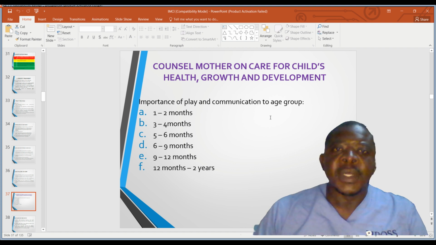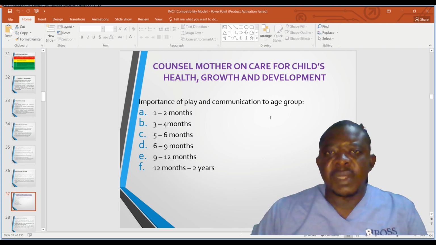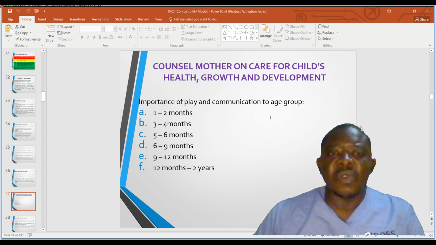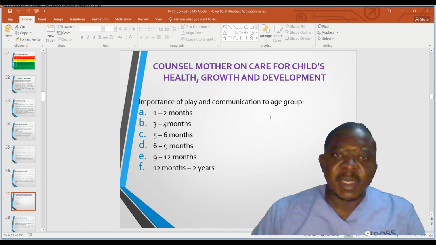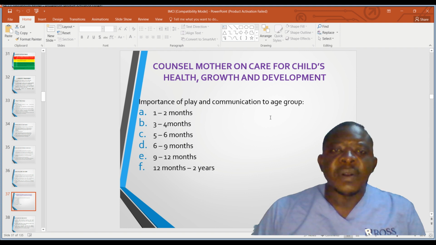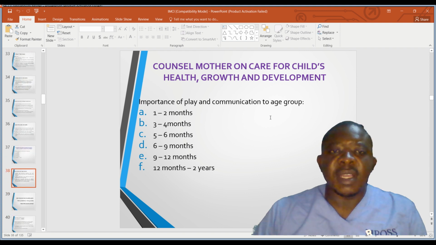So counsel the mother on care for the child's health, growth, and development. It is important that you do some role play so that the mother can understand and also depict certain things and wrong advice that may come within the community, so that they can learn more of the scientific facts behind those.